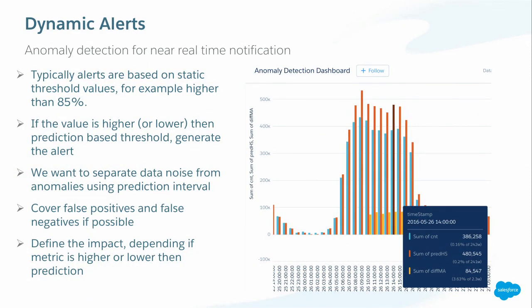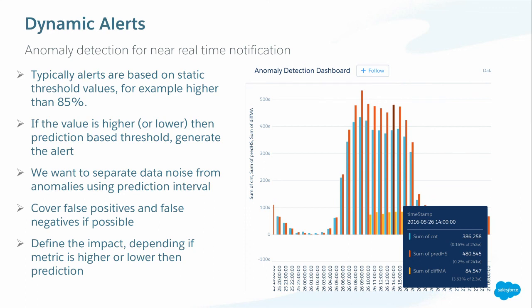So back to the main topic of today's presentation: how to find anomalies and how to generate some kind of dynamic alerts on the data. If we want to provide some kind of near real-time notification, what can you do? When you collect a metric, you can compare it with a static predefined threshold. Let's say I'm checking my CPU utilization, and if it crosses 85%, it is a red alert. I'm going to notify somebody that there is a problem.